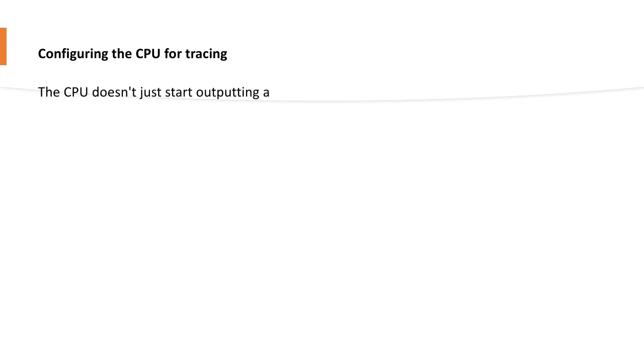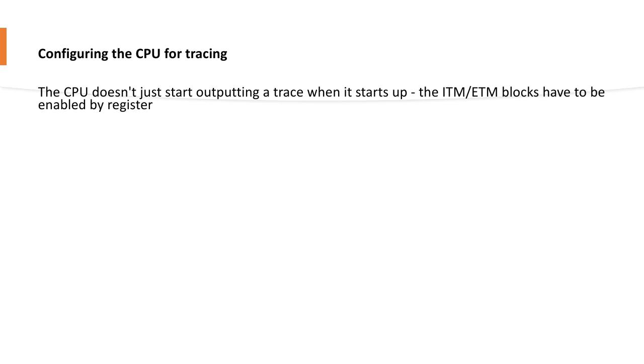Okay, after this, the CPU does not just start outputting a trace when it starts up. The ITM or ETM blocks have to be enabled by register writes first. It is possible to do this either through a debugger or by directly accessing the registers in the code.